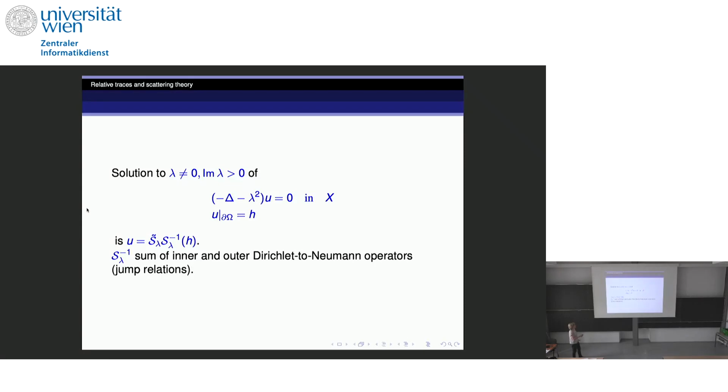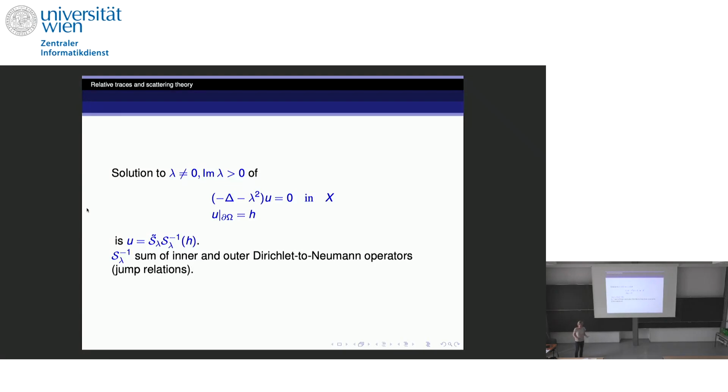So if you take the imaginary part of lambda greater than 0, you don't have any convergence issues. U restricted to the boundary is h, and you can see that U is S tilde, which is this nice kernel, applied to S lambda inverse, applied to h. S lambda inverse is the sum of the interior and exterior Dirichlet to Neumann operators.